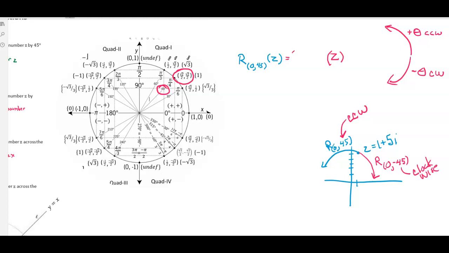So those coordinates are positive root 2 over 2 plus positive root 2 over 2i. And what this does, that is going to rotate Z 45 degrees counterclockwise.